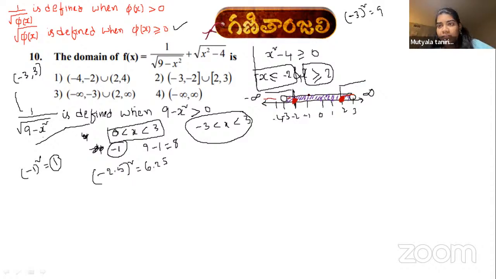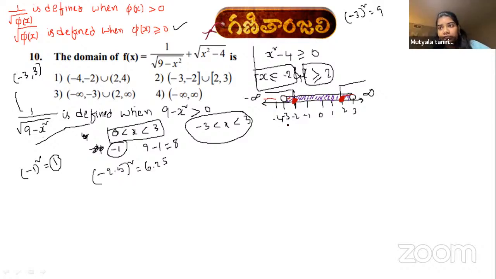That means second interval intersection first interval. Common points for the second interval and first interval. They both have the intervals between negative 3 and 3. Negative 2 and negative 3. Yes, this is the common point.